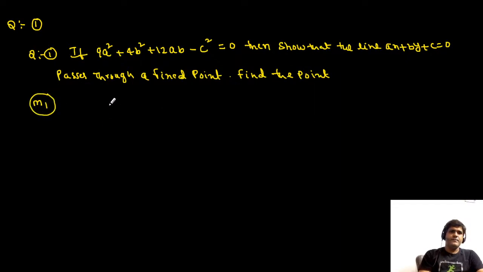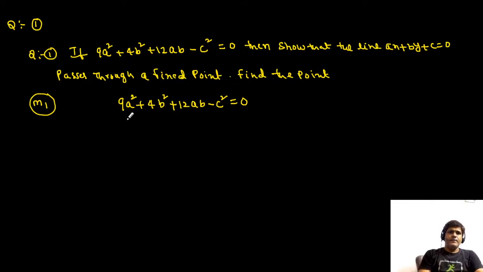Method 1: the given condition is 9a² + 4b² + 12ab − c² = 0.